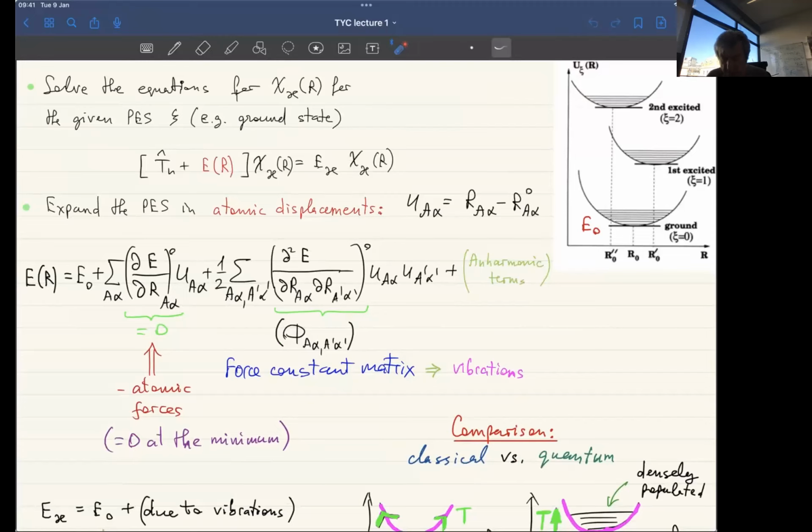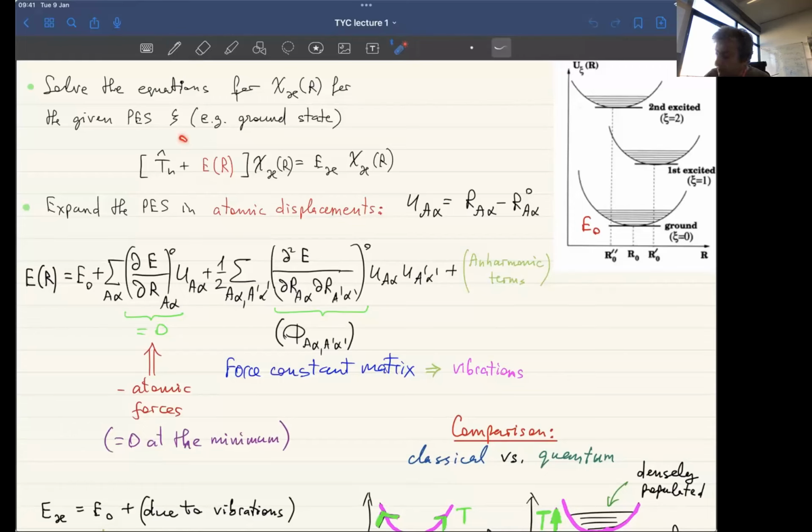And as I said before, we will consider a classical approach first, because in many cases, nuclei can be considered in a classical approximation. So basically, that means that we consider only the electronic problem and only consider the potential energy surface, which comes out as the eigenvalue of this electronic-only problem as a function of nuclear positions.